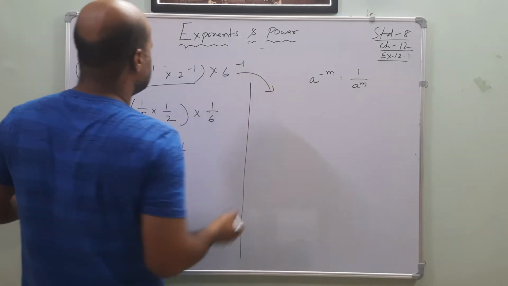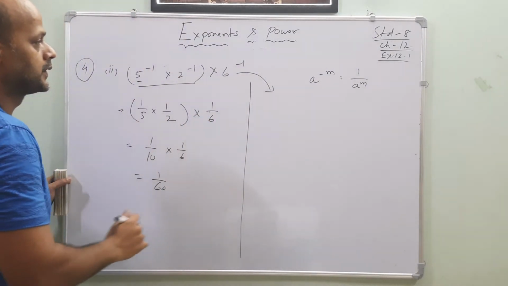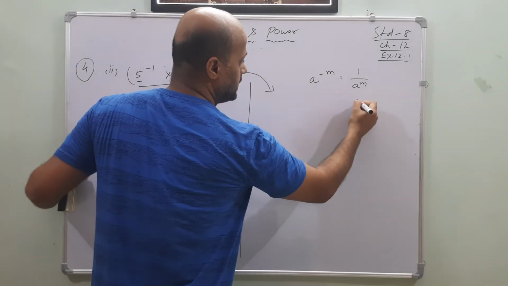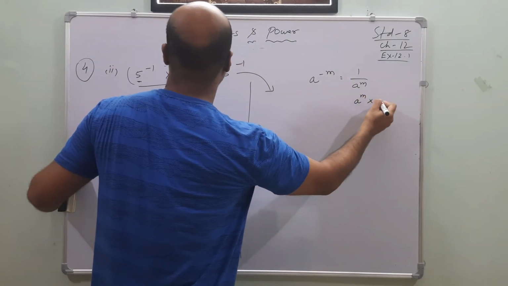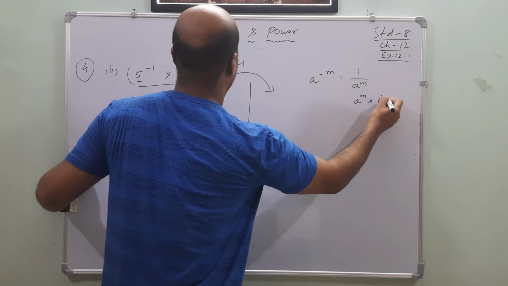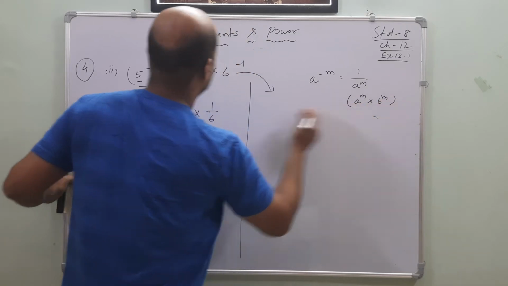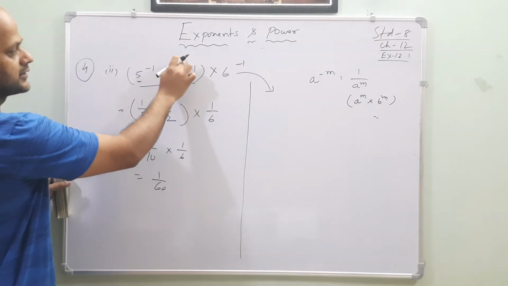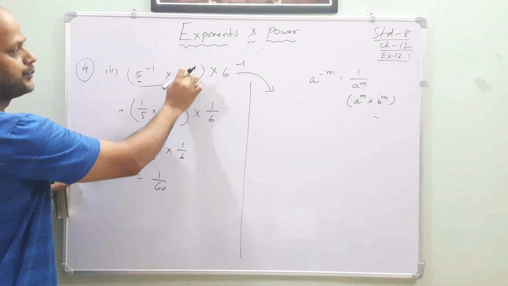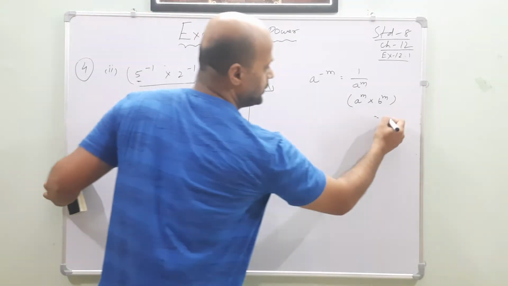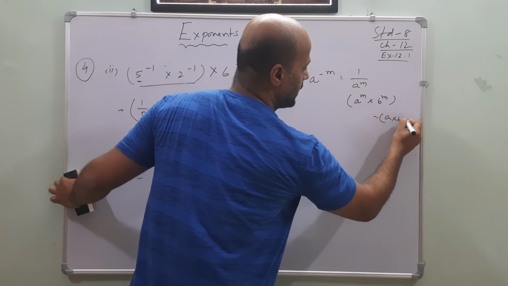Otherwise, the next formula is here. A power of m into b power of m, where the powers are the same, is equal to a into b whole power of m.